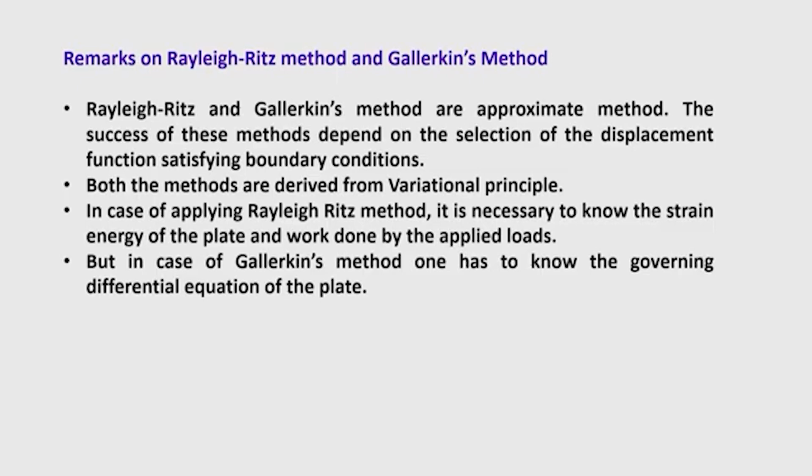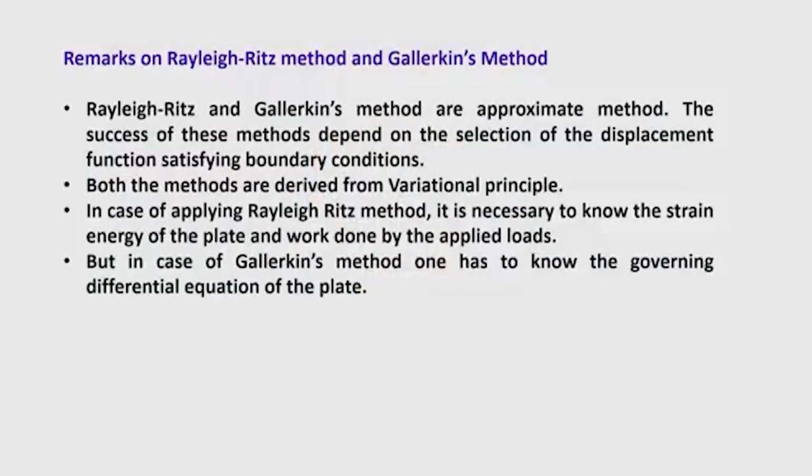So, let us compare the Rayleigh-Ritz method and Galerkin method. Rayleigh-Ritz and Galerkin method are approximate methods, both are approximate methods. They cannot give the exact result, but they can give a result which is very close to the exact result, if the deflection function is chosen accurately, satisfying the boundary conditions.